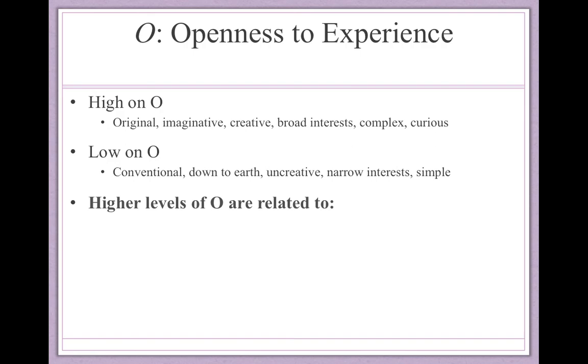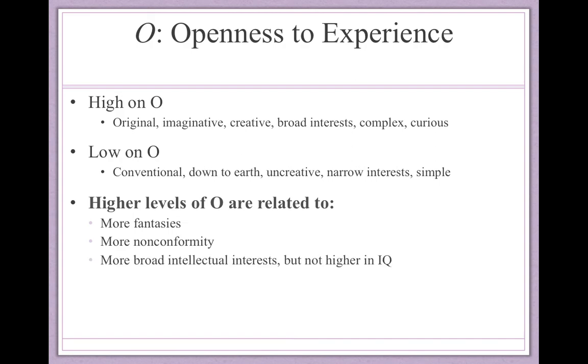So people who have higher levels of O, higher levels are related to more fantasies, more nonconformity, more broad intellectual interests, but not a higher IQ, more experiences of absorption in a task, which is called flow.